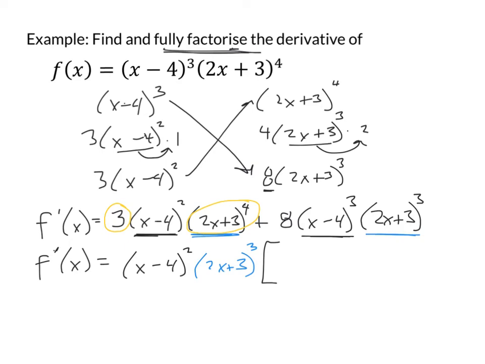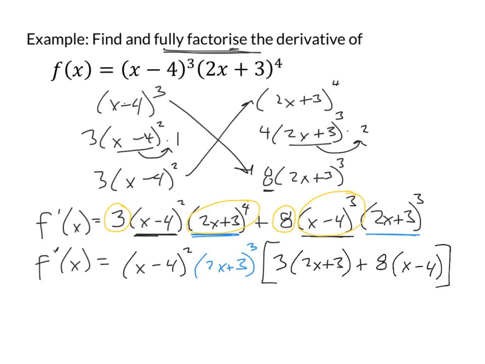And when we think about the other term, this one still has an 8, and it still has one of these guys. So what we have left over is 3 times that one lone 2x plus 3 factor, plus 8 times the lone x minus 4 factor that's left.